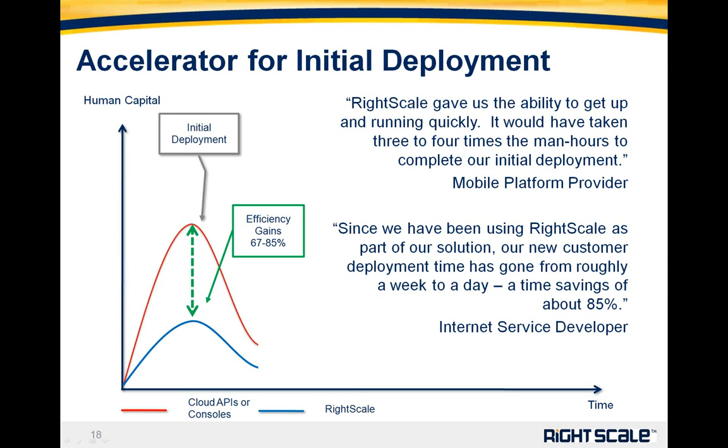And what we found, you can see here, is that the architecture serves as a great accelerator for initial deployments, effectively by delivering cloud-ready servers and fully automated deployment stacks where the servers are aware of the role they play and auto-configure themselves on boot.